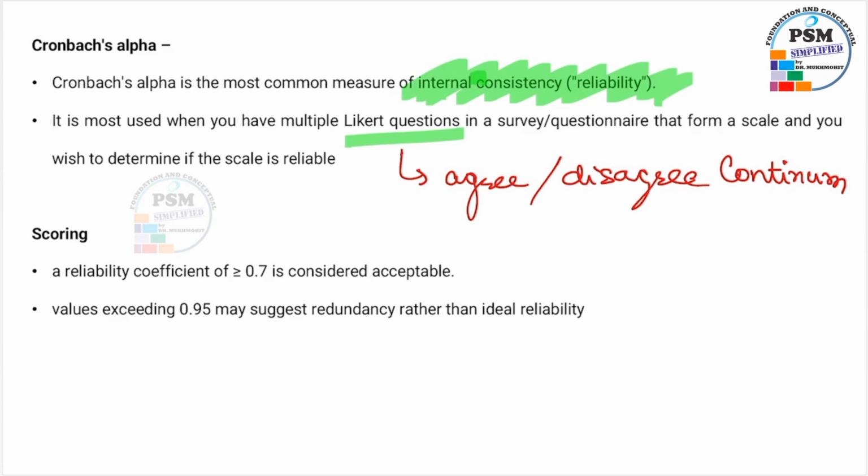So Likert scale, any day, if it is more than 0.7, it is usually taken as acceptable, and more than 0.95, it usually means that the data or the question is directly duplicated. You need to delete it. So it may show redundancy rather than an ideal reality. Like if you say that it's sunny outside, question number 1 is sunny outside, people will say agree, disagree, whatever.